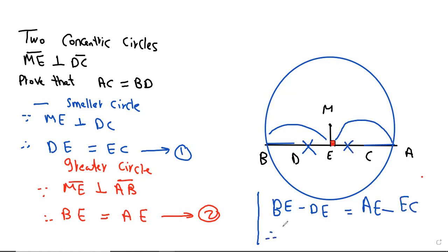You will end up with AC equals BD, because BE minus DE equals BD, so BD equals AC. That's it.